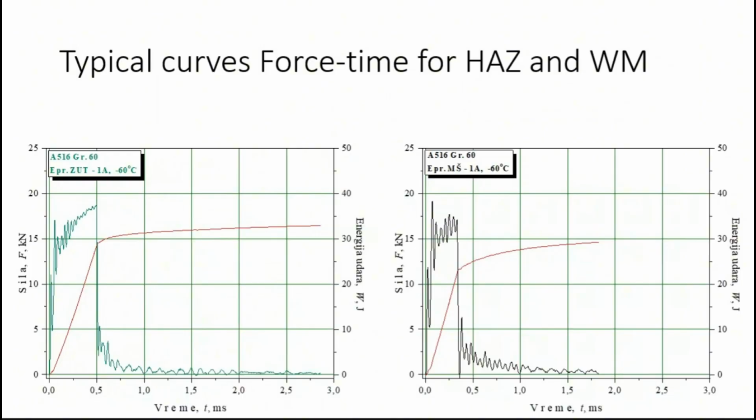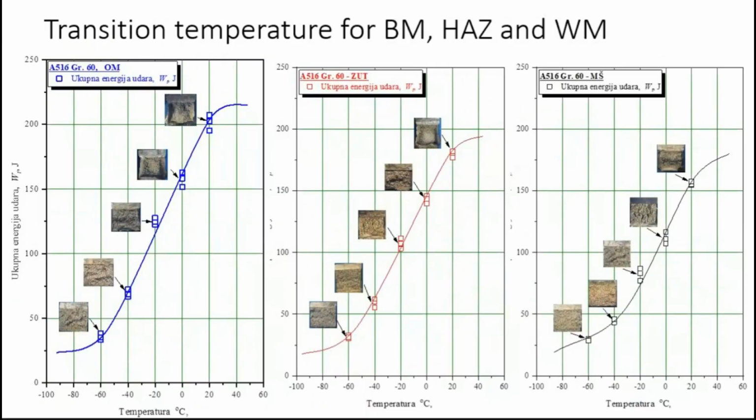Focus was on -60, and on getting the temperature dependence of total energy. So here we have, as our final result, base metal, heat-affected zone, and weld metal. You can see at once that it's quite similar.